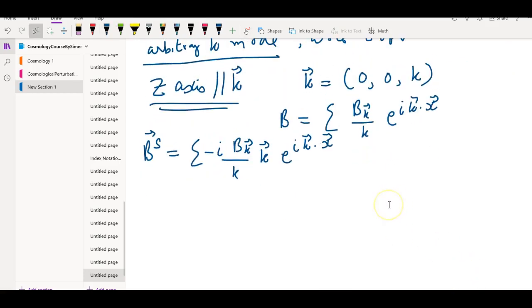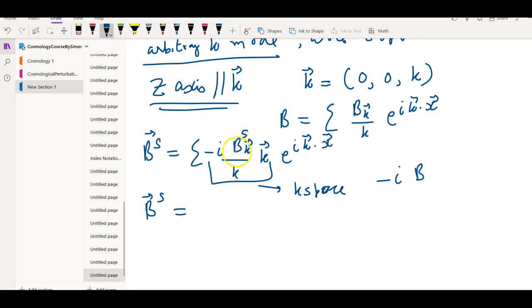So the scalar part, the scalar vector, will be written, in K space, as minus i B. I'm dropping the subscript k because we are writing all the perturbations in K space.